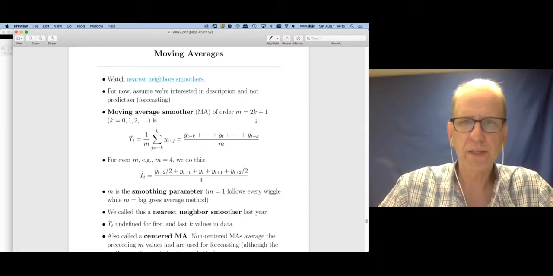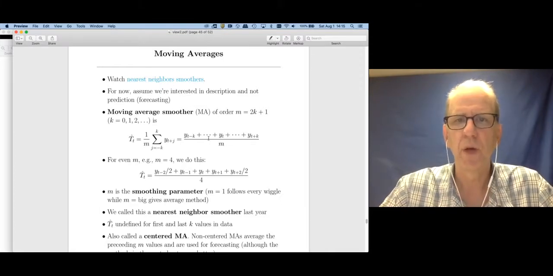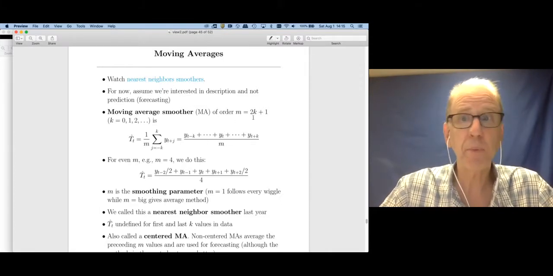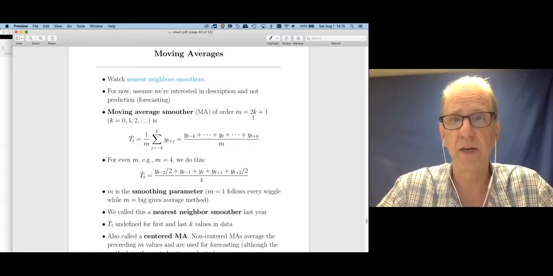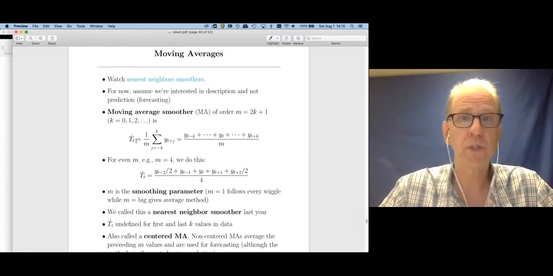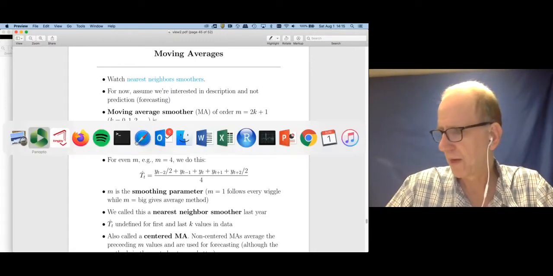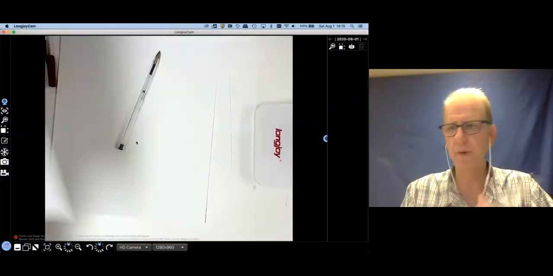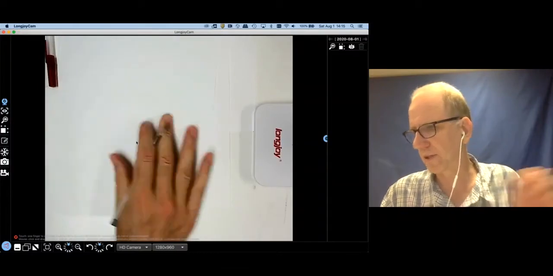The whole idea here is very simple. We're just going to take k points on either side of the point I'm trying to estimate and compute a simple average of them. So I can go over to my document camera and illustrate this.